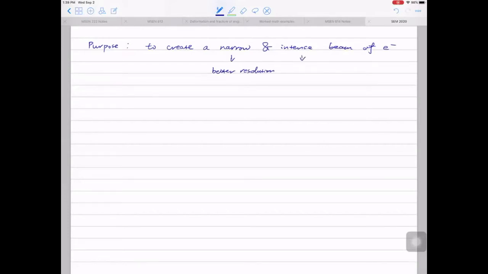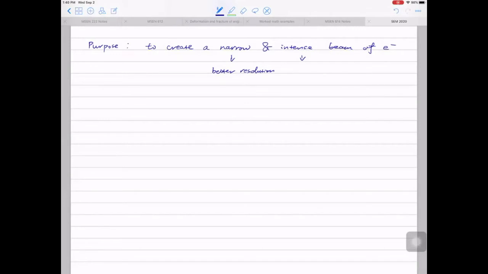Okay, then let me ask you, why do we want something intense, something really bright? Why do we want not only narrow, but intense? There's another term we discussed in the class last week. Better contrast? Better contrast, yes, but I was looking for another term.